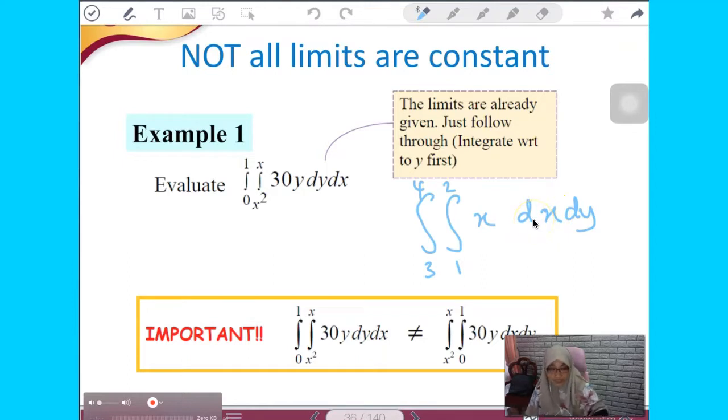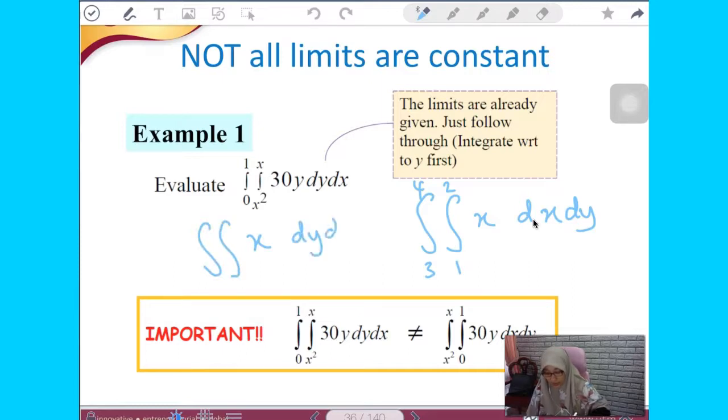So let's say you just want to investigate whether we have a similar answer by changing the order of integration to be dy dx. So what I'm doing here is changing the order of integration, from dx dy to dy dx.